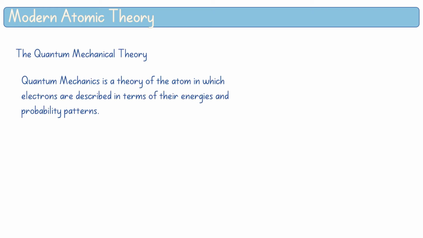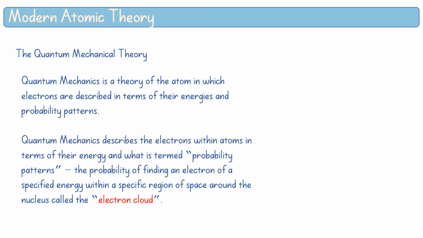Quantum mechanics, then, is a new theory, relatively speaking, of the atom in which electrons are described in terms of their energies and probability patterns. Quantum mechanics describes the electrons within atoms in terms of their energy and what is termed probability patterns.